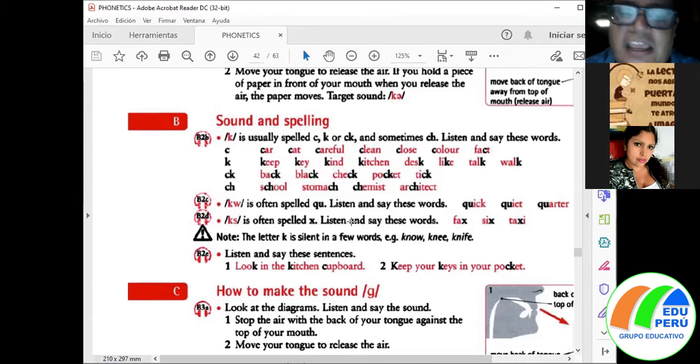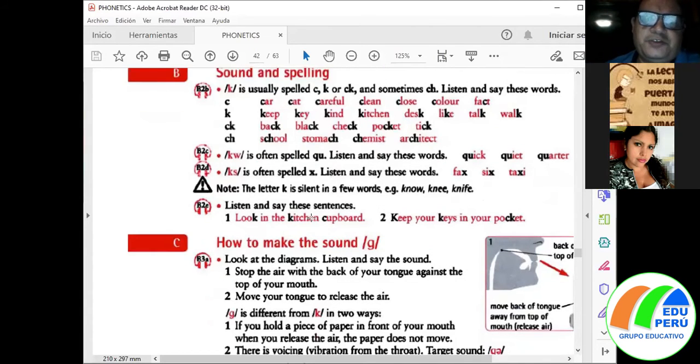With the letter CK: back, black, check, pocket, tick. With the letter CH: school, stomach, chemist, architect. So we have the letter CH, but you pronounce K.